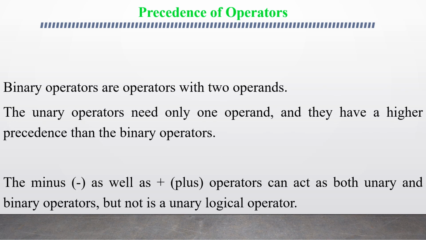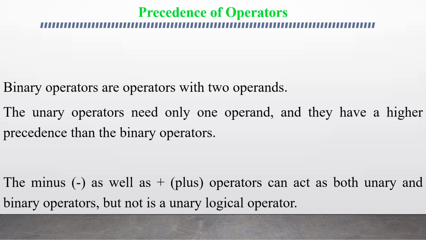As an example, binary operators are the operators with two operands, whereas unary operators need only one operand, and they have a higher precedency than binary operators. This is the comparison between binary and unary operators.